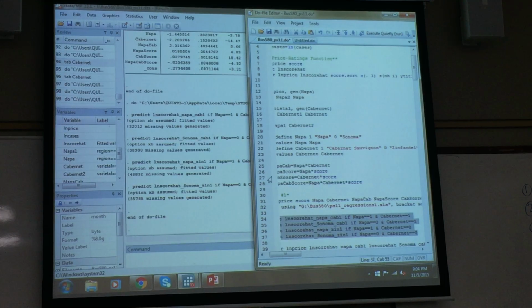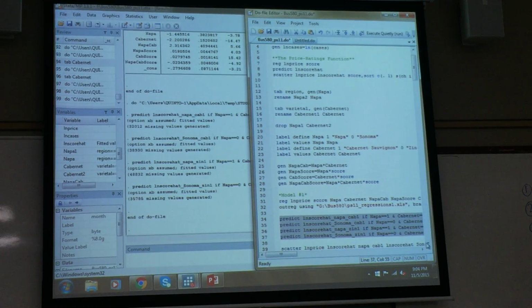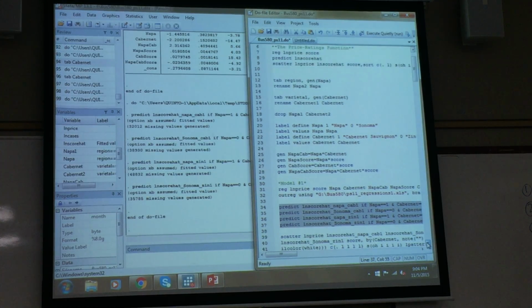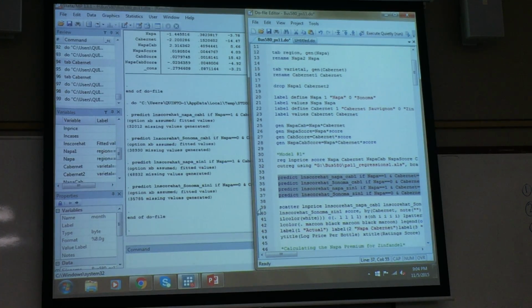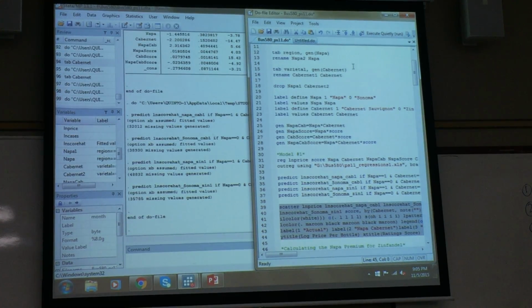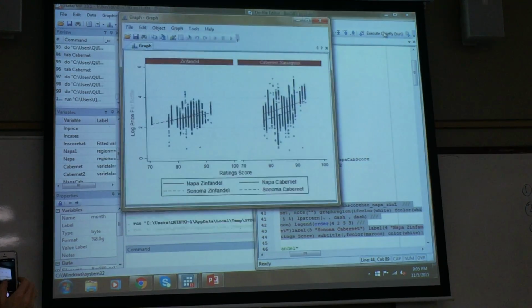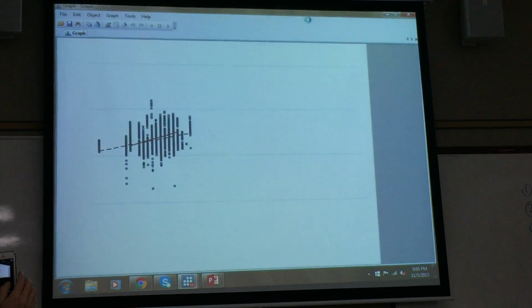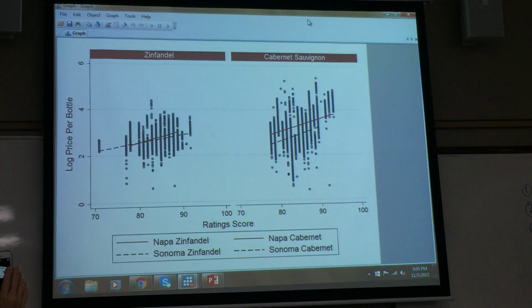So, before predictions, because we have 4 different wines: Napa Cab, Sonoma Cab, Napa Zin, Sonoma Zin. And we can generate a nice graph. There's your graph. It's just like the PowerPoint.